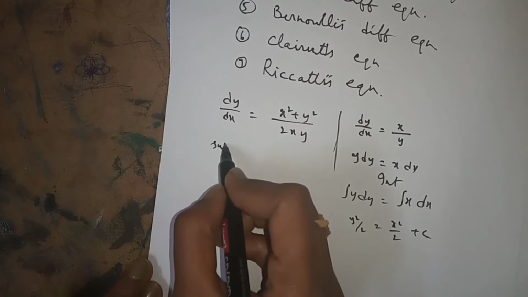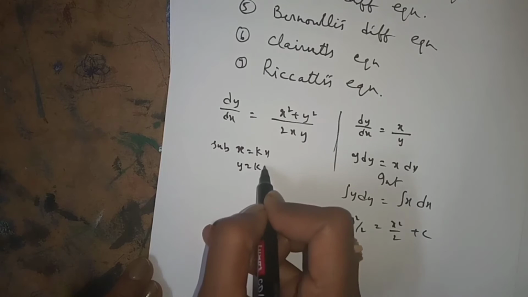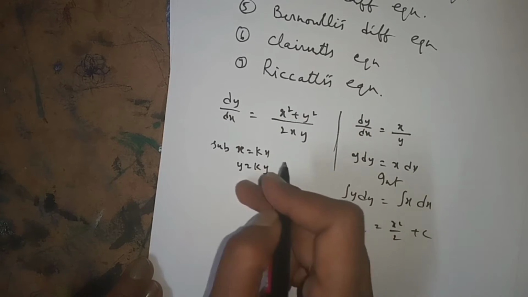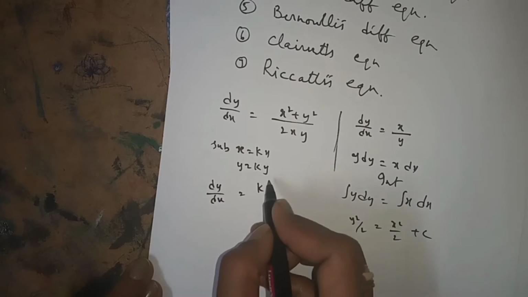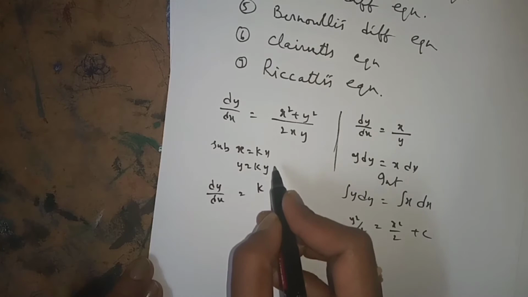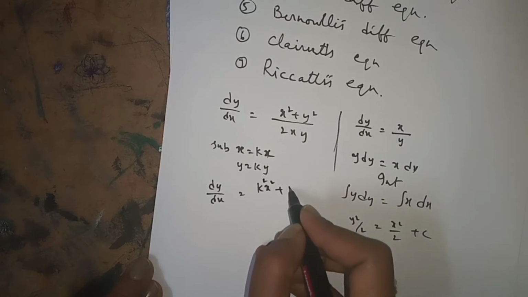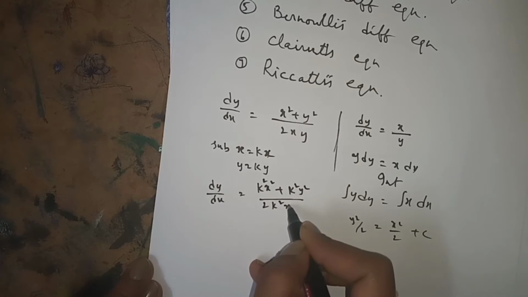How to identify whether it is homogeneous or not? By substituting x equal to kx, y equal to ky in the above equation, you will get dy by dx equal to k square x square plus k square y square by 2 into k square xy.